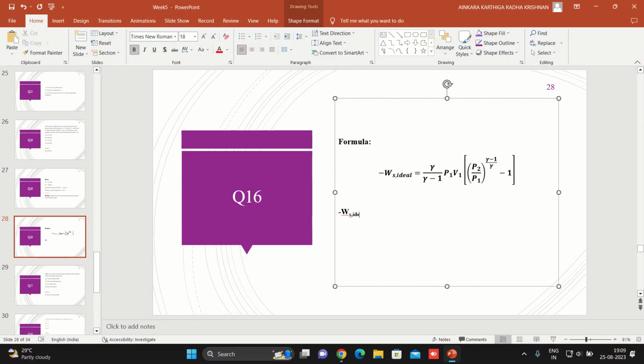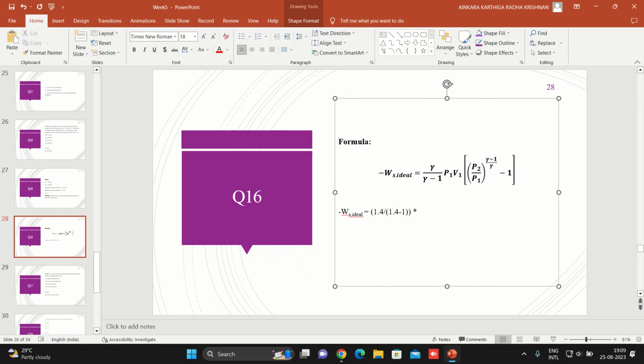W ideal is equal to 1.4 divided by 1.4 minus 1, into 10 meter cube per second.